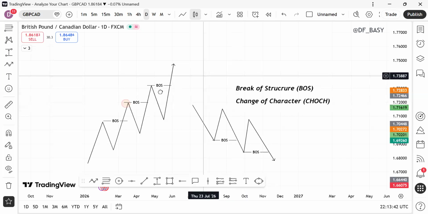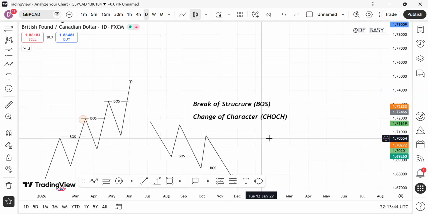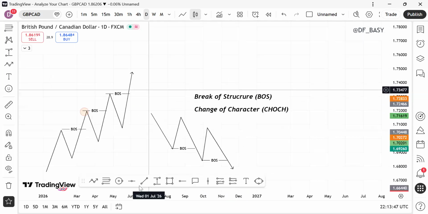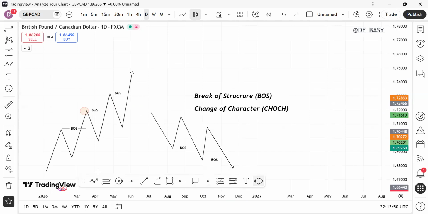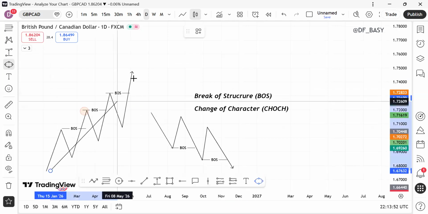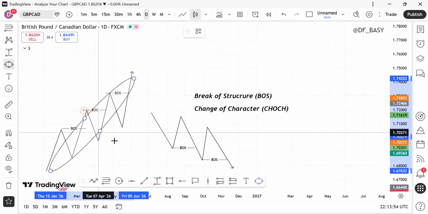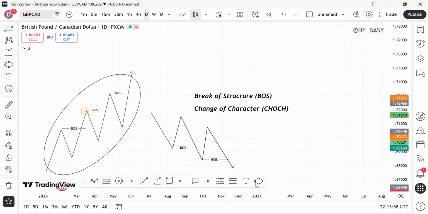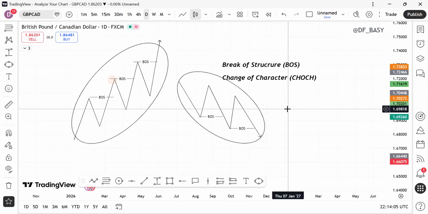So now what is the change of character? Change of character is typically when markets change their structure. So now from here to here, this is a bullish structure. From here to here, this is a bearish structure.